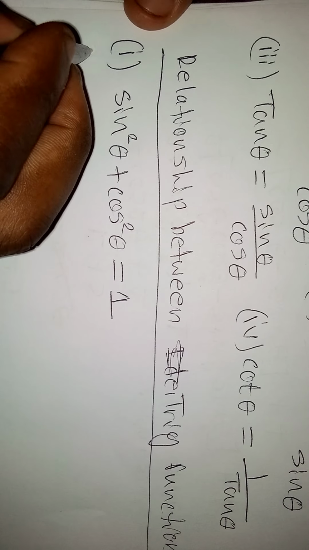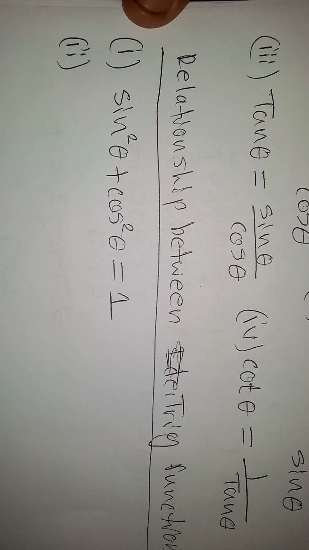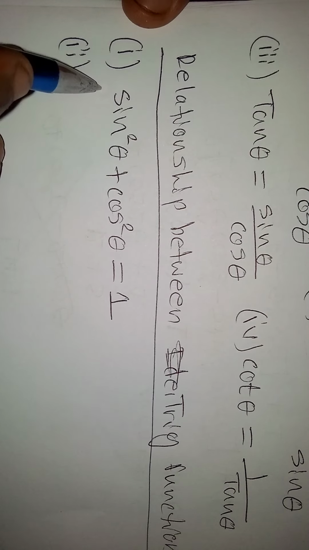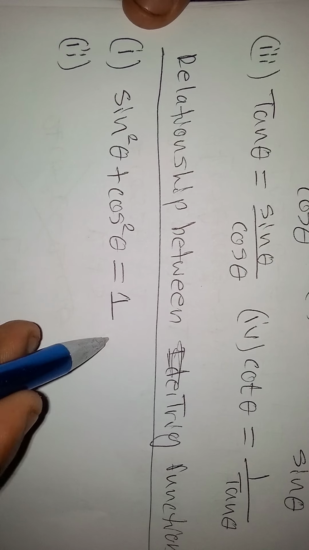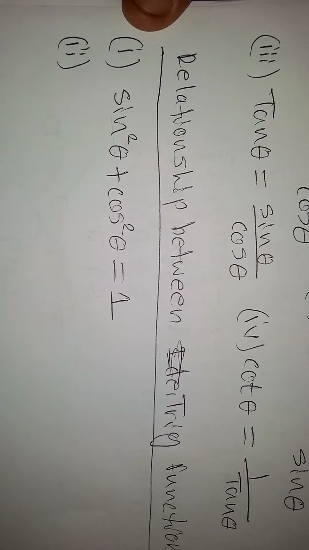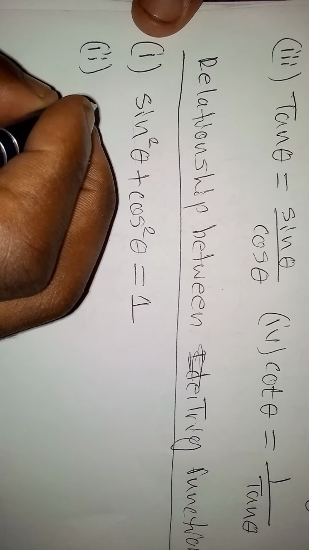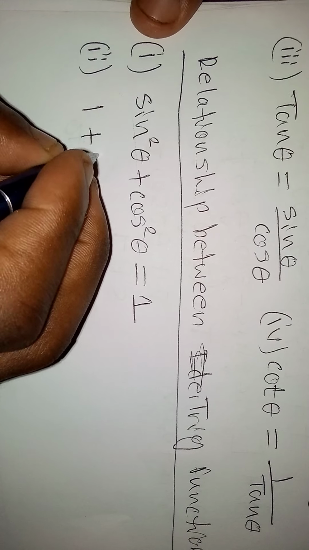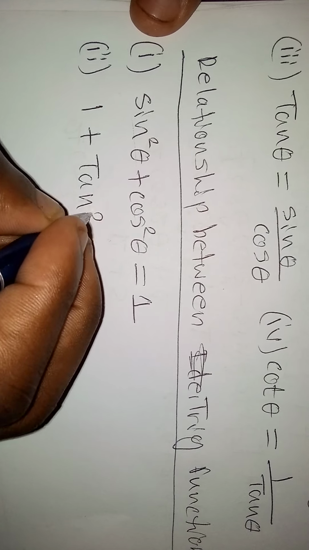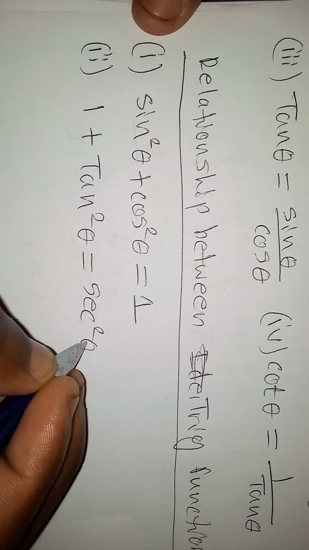Then the second relationship, which we can derive from this one, is by dividing this equation throughout with cos theta. We are going to obtain the identity 1 plus tan squared theta equal to sec squared theta.